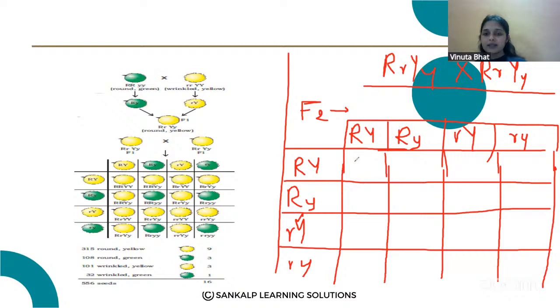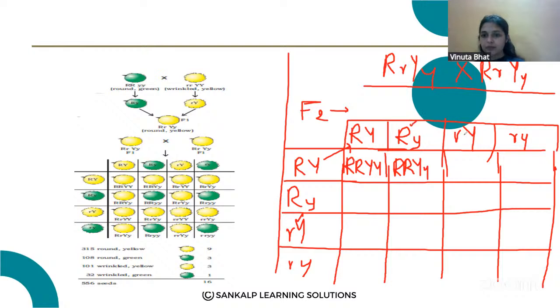Let us check how many different types of plants will form in the F2 generation. The plants formed here are F2 generation plants. Just multiply this capital R, capital R, capital Y, capital Y. So this is a round yellow seed. And next one, capital R, capital R, capital Y, small y.